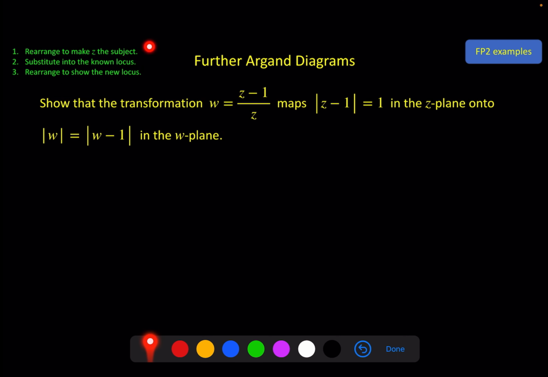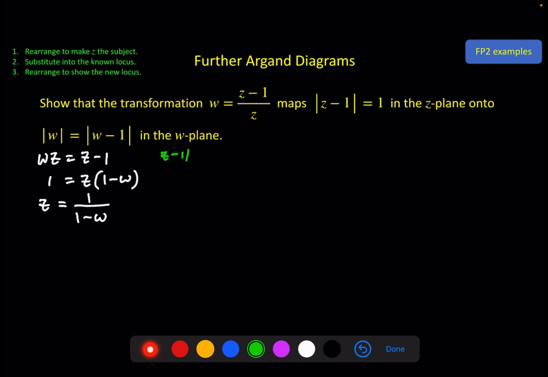So I'm going to follow the same process up here. Rearrange this transformation to make z the subject. We've got wz is equal to z minus 1, so 1 is equal to z minus wz, z is equal to 1 over 1 minus w. Now we substitute this statement into the locus that we've been given in the question.